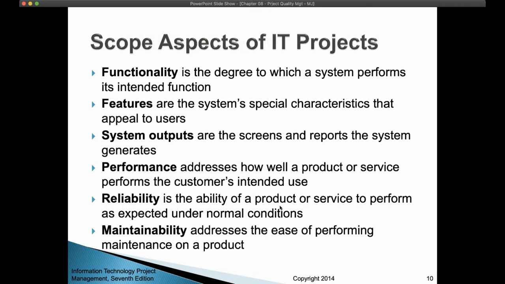If we look at the scope of any project, especially in IT projects, the aspects that we look at and want to ensure the quality of are these, and these are some examples, but these are common. For example, functionality. Functionality is the degree to which a system performs its intended function.